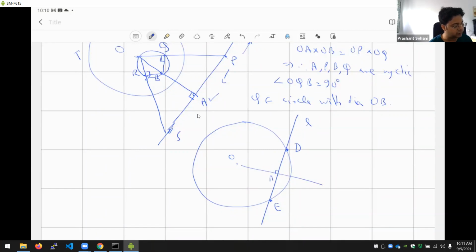If I take the point A over here, inverse of point A will be some point B, and the locus is a circle of diameter OB, but that is also the circle passing through D and E. It is not hard to see that we have a Pythagoras kind of setup over here. Therefore, OA into OB equals OD square, which is R square.